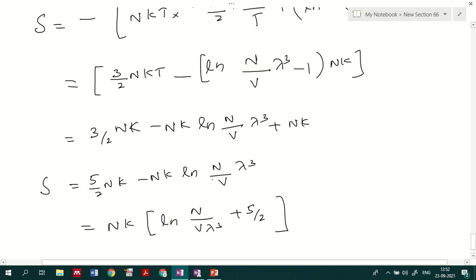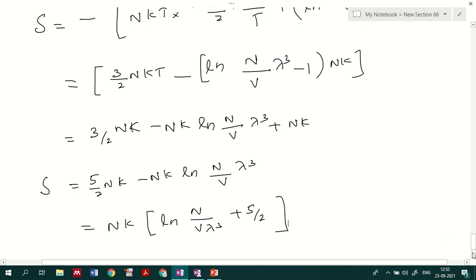I can either represent it like 5 by 2 nk, and if I take the lambda cube in the denominator, it will be v by n lambda cube.